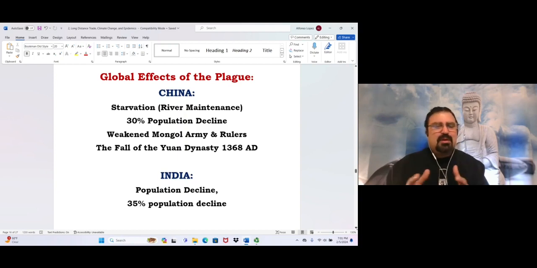Because remember, what this ideology stated was that the ruling dynasty received the right to rule from heaven. And as long as things were okay in the world, there was stability, there was agricultural production, the kingdom was protected, and so on, then the ruling dynasty would continue to rule for the time to come.